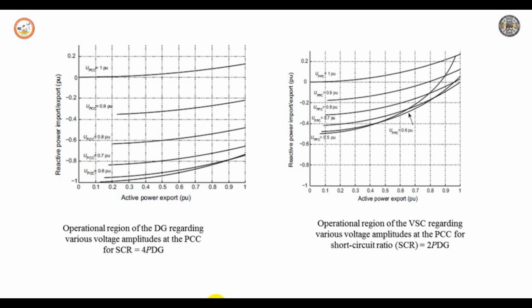So by increasing the injected active power, less reactive power will be available due to the size limitations of the converter interface.